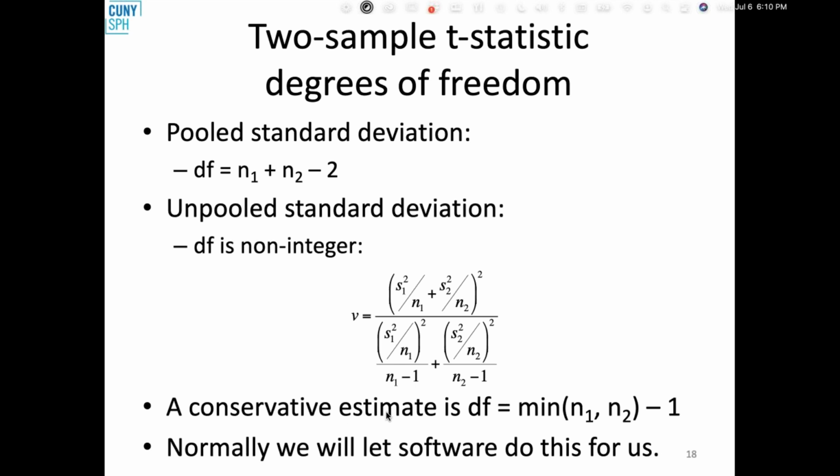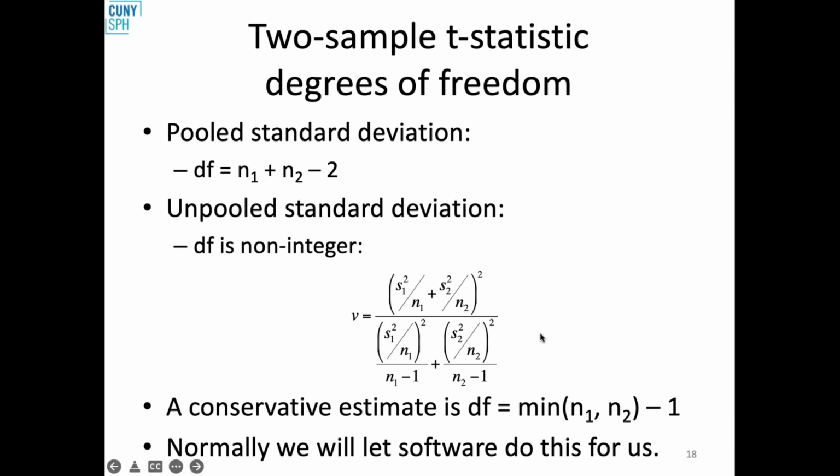That's a conservative estimate. The only time you're going to use this is if SPSS didn't work out that formula for you, which it does every time it does a t-test calculation. So you don't have to worry about this. For unpooled standard deviations, SPSS will calculate this value for degrees of freedom for you. You won't have to do it yourself.